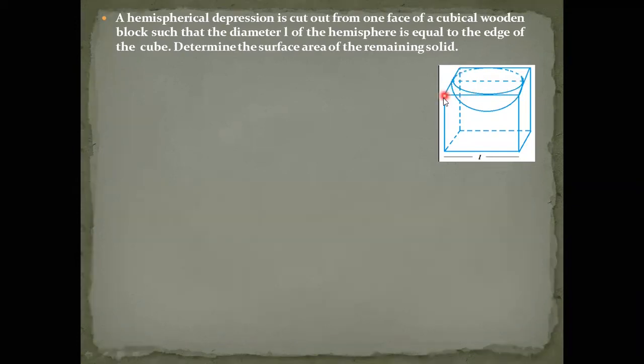We are taking 6 faces. So from that sixth face we have to subtract this area. If we do not subtract, it means we are having an extra surface area of this particular solid, right? So let us first see what is given to us.